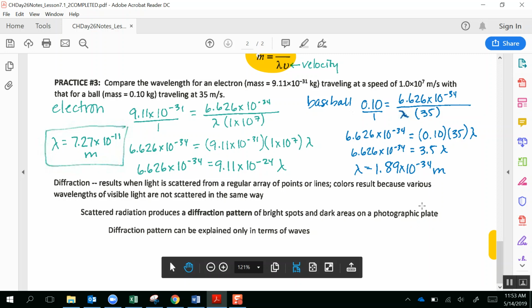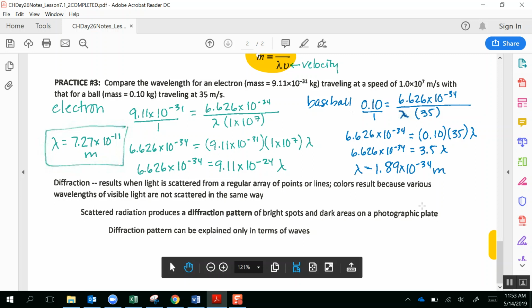Colors result because various wavelengths of visible light are not scattered in the same way, so that's why we see different colors. Sometimes we see a diffraction pattern, and with that diffraction pattern, that's going to move us on into Bohr's model of the atom and why he saw 4 lines with hydrogen using a diffractometer. So that concludes lesson 7.1 and 2.